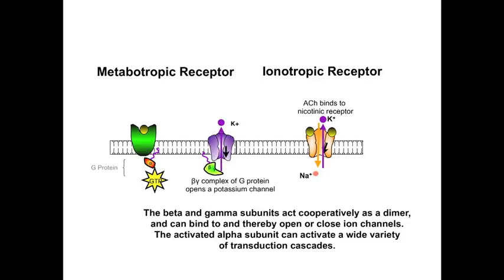In this case, the beta-gamma complex binds to a potassium channel, causing the channel to open, thereby hyperpolarizing the membrane. The activated alpha subunit also migrates along the membrane to activate one or another enzymatic activity. We will see one of these downstream effects of the alpha subunit in the next slide.